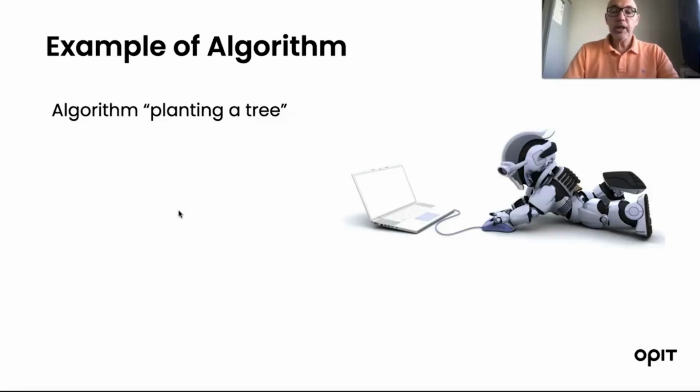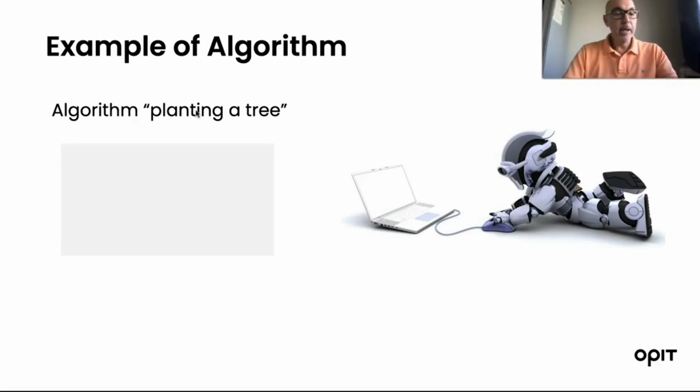Now, suppose that we have a robot and we would like to find an algorithm for this robot to do something. What is the algorithm, the problem in hand? Only planting a tree. So knowing these 4 actions, the algorithm will consist in combining 1, 2, 3 or some of the actions available to find the solution of our problem.